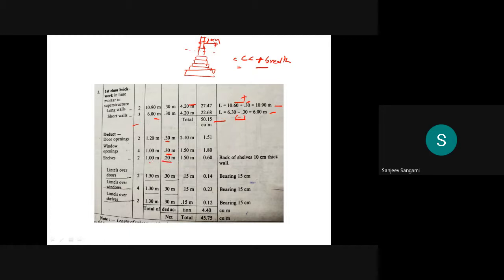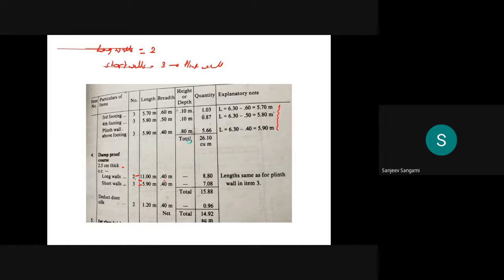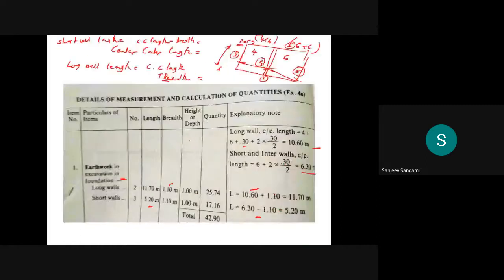See, most of the time what will happen is that they keep the things here. If the door dimensions are given like 1.2 by 2 meters, make sure that it is the height only, because the thickness will not be there.